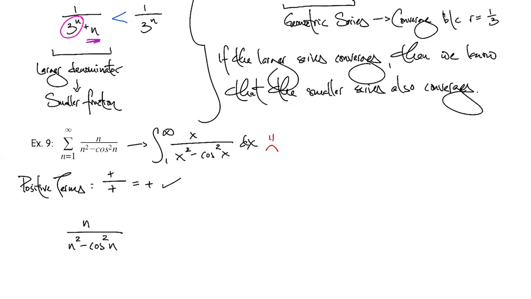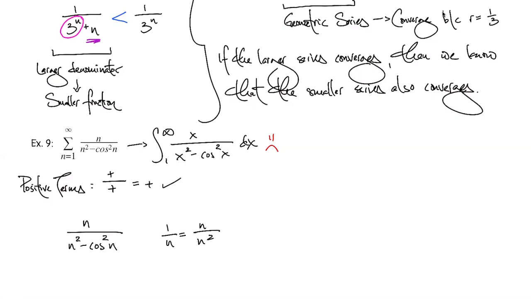So then I'm like, well, if I sort of ignore that cosine squared, I end up with n over n squared, right? And then I'm like, well, n over n squared is really just 1 over n when I ignore and cancel some of the terms there, right?